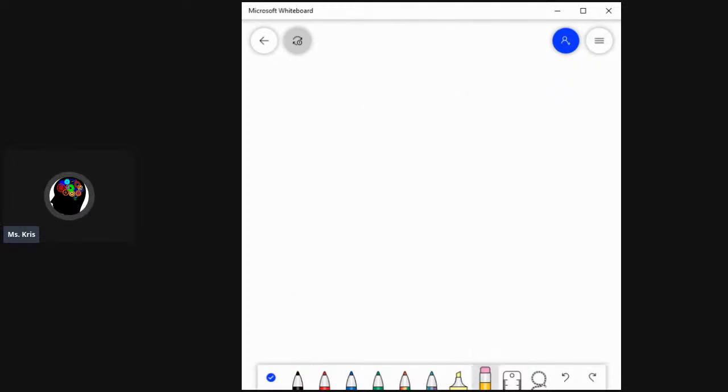All right, moving on. We have a definition which is corresponding parts of congruent triangles are congruent.